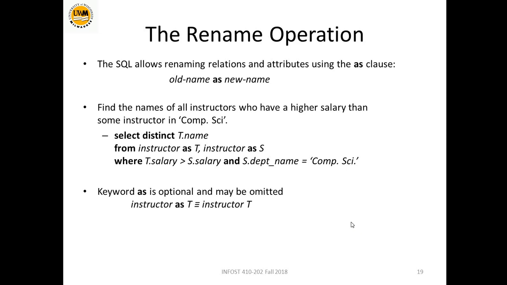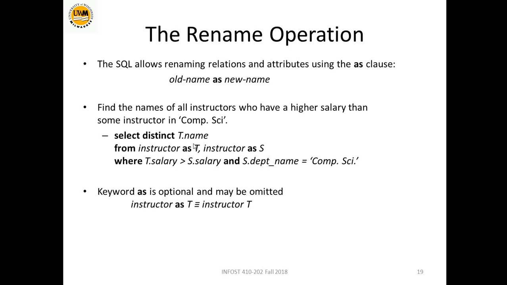We can do that. For example, in this case, if I want to find the names of all instructors who have a higher salary than some instructor in computer science, then I have to compare the instructor table with itself. So in this case, the best way to do it is to rename. So I will say select distinct t.name from instructor as t.